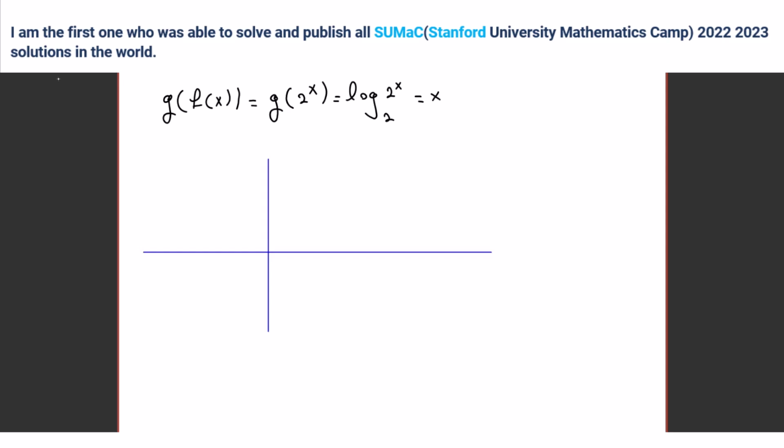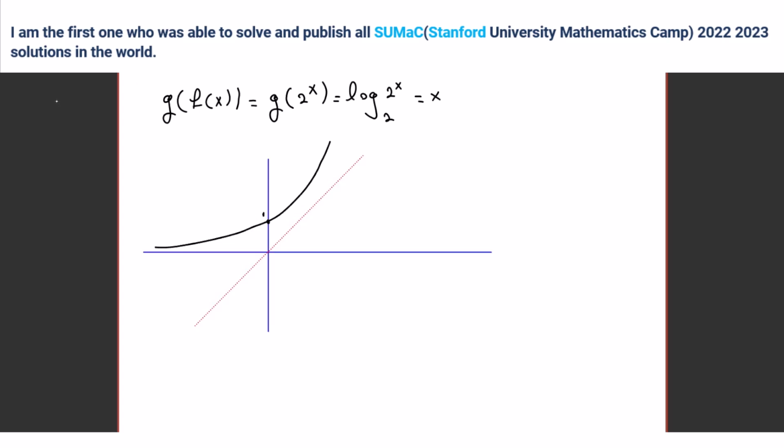And if you want to draw this function, we know 2 to the power of x is what, right? It is something like this. Let me draw this one a bit better. So it would be 1. It would be something like this, okay? Right.